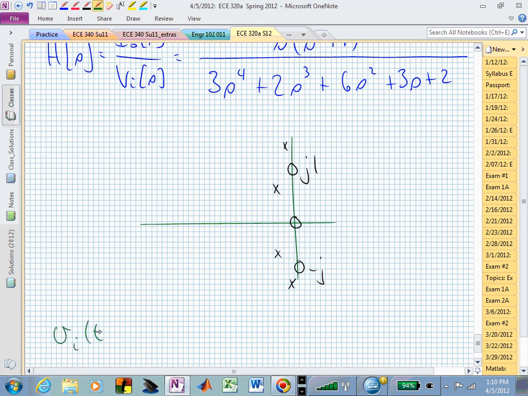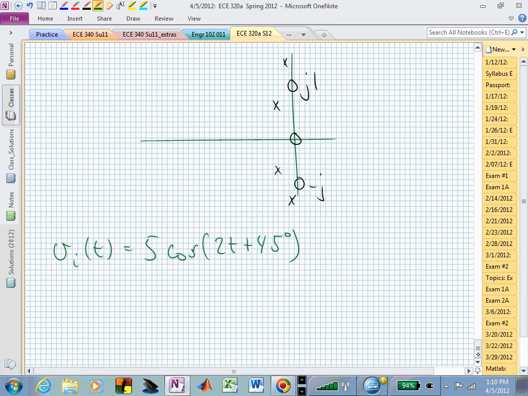V sub I of t was 5 cosine 2t plus 45 degrees, and we want I sub 0 steady state of t. What do I need to do?